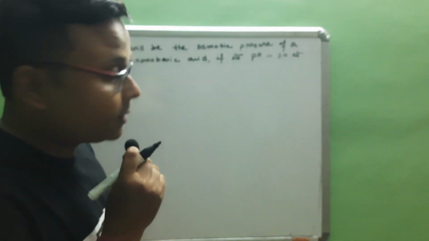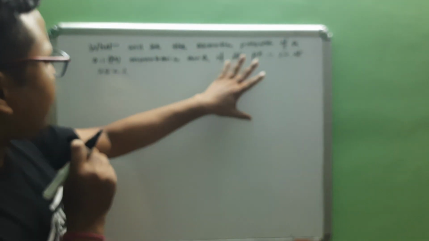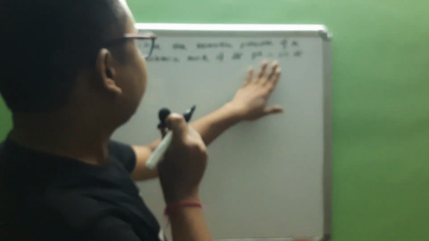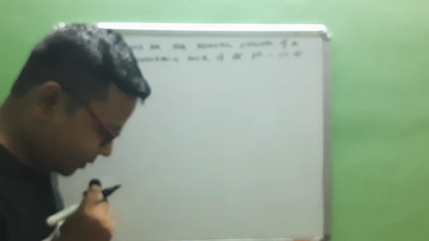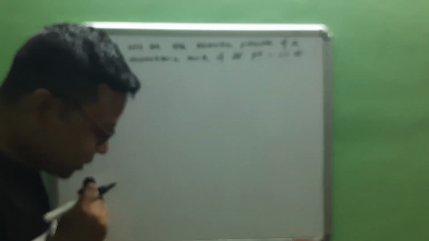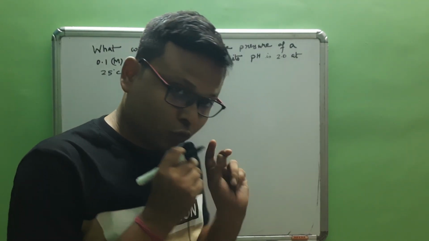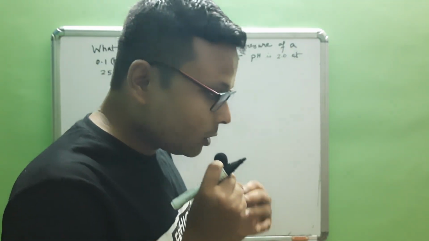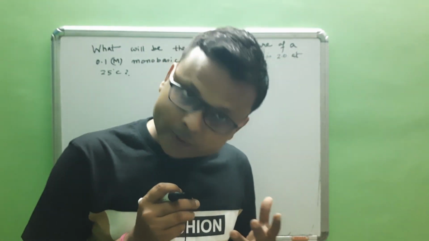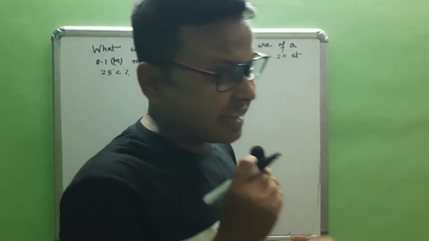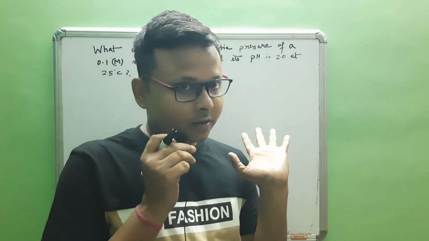So what is given? The concentration of the monobasic acid is given, and the pH of the solution is given. We are interested in two things. First of all, the degree of dissociation of the monobasic acid, and secondly, the van't Hoff factor.